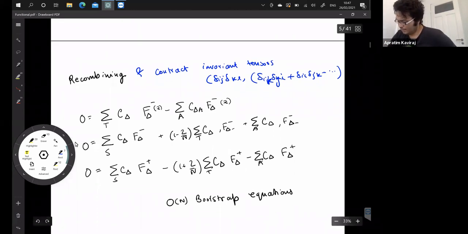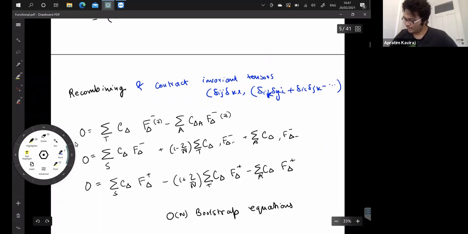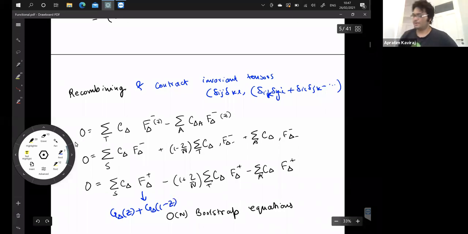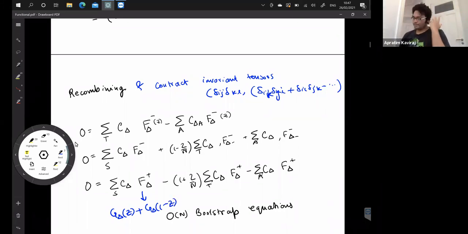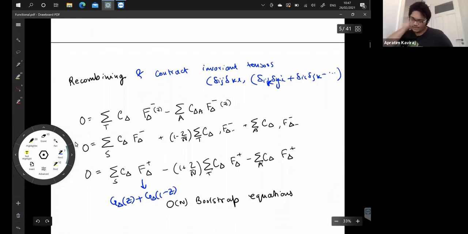The first two of these equations involve F minuses, and the third equation involves F plus, and F plus is given by a symmetric combination of S channel and T channel blocks.